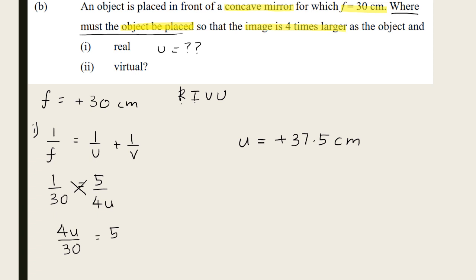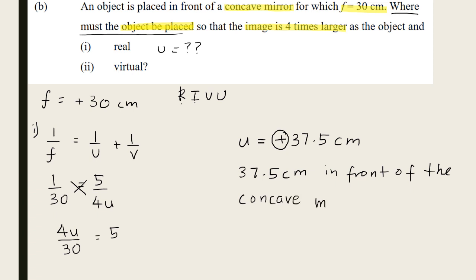Now we know that u is 37.5. We should put the object 37.5 cm. This is a positive sign, so it must be in front of the concave mirror.